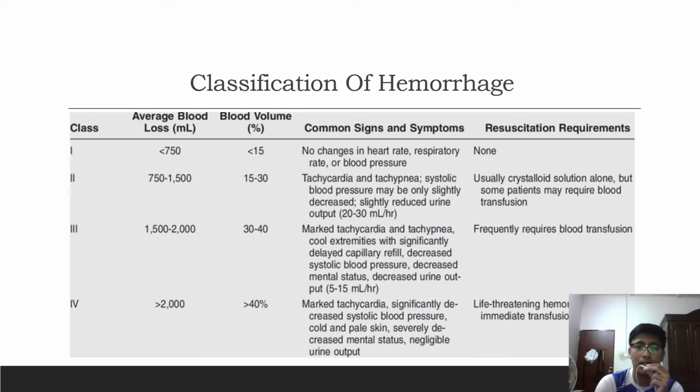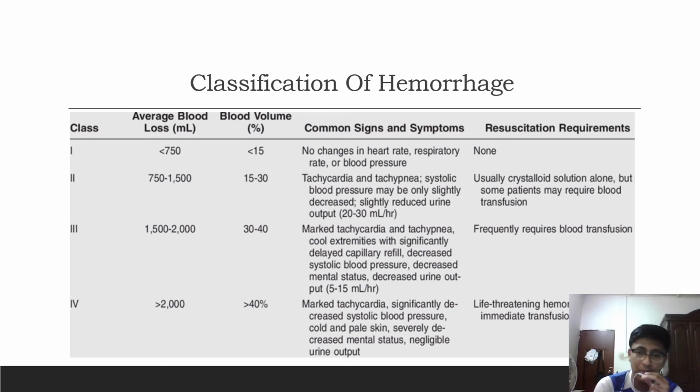There are many types of signs and symptoms in each class. In class 1, no change in heart rate, respiratory rate, or blood pressure, so the resuscitation requirement is none. For class 2, the patient may have tachycardia and tachypnea.